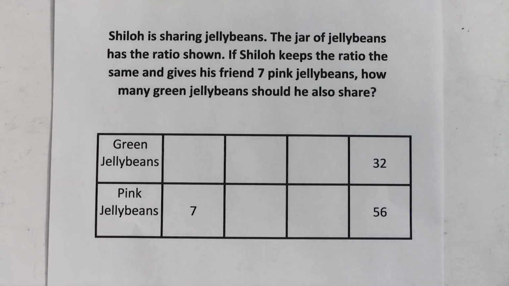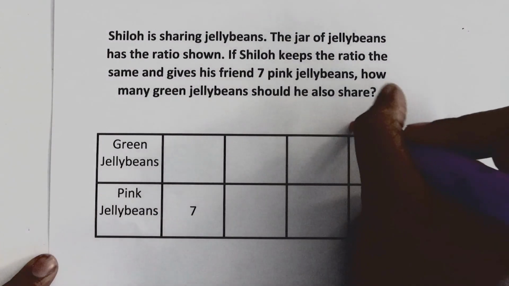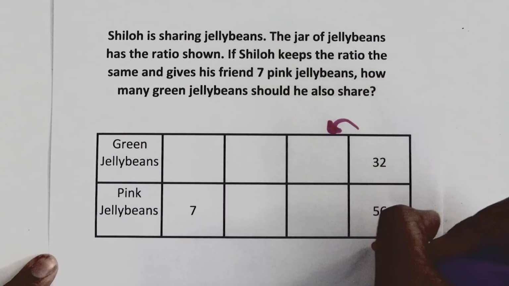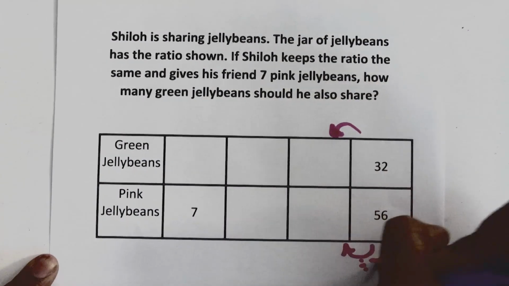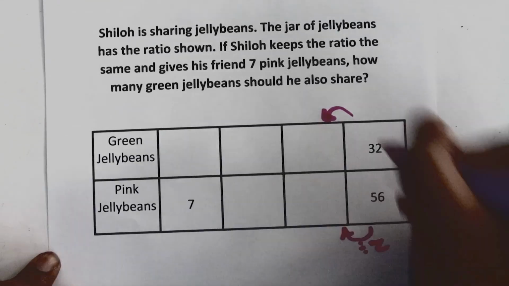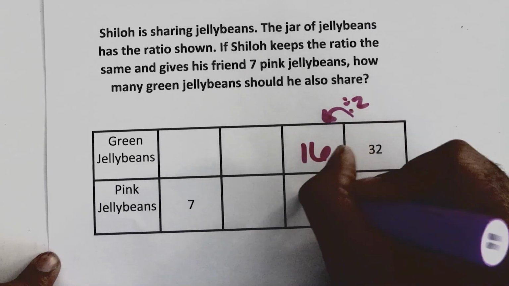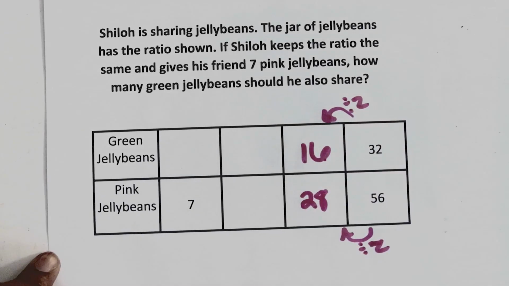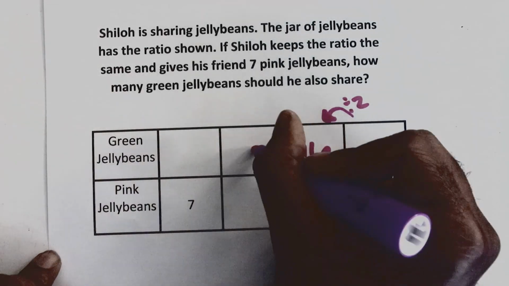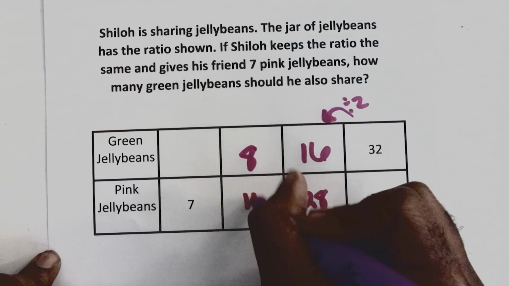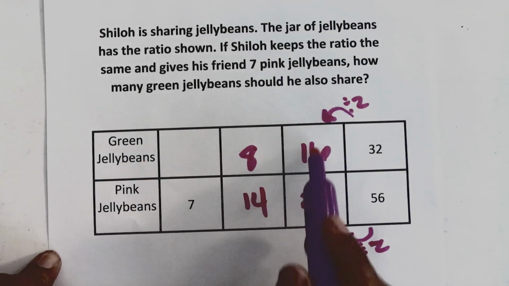All right, so let's check how you did. Let's start off with dividing. I'm going to use division. Dividing our first term by 2. That's going to give me 16 to 28. Now we can divide by 4 to get 8 and 14, or we can halve our next term.